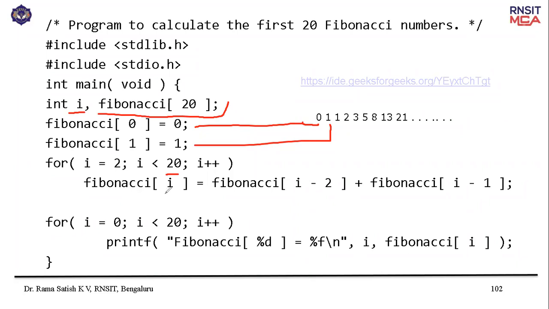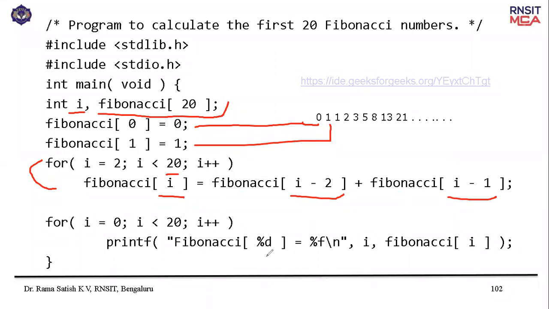Every time, Fibonacci of i is the addition of the previous number and the previous-to-previous number, and you store it. This loop continues for up to 20 numbers.